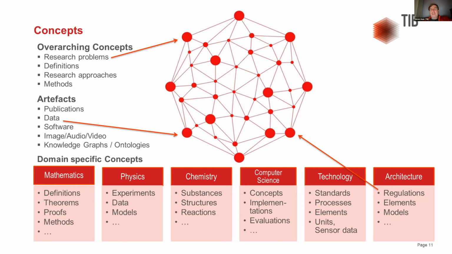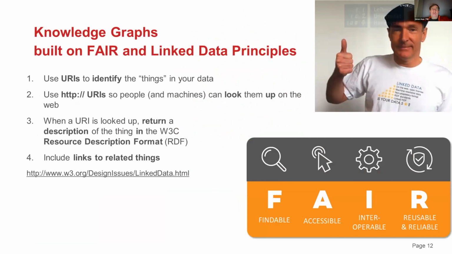And here we also see a bit the connection to mapping science, because a knowledge graph is basically a map of science, yeah, a map of the scientific concepts, the relationships between them, the research problems, and that's what we aim for. So we want to build this knowledge graph based on the linked data principles and FAIR principles.